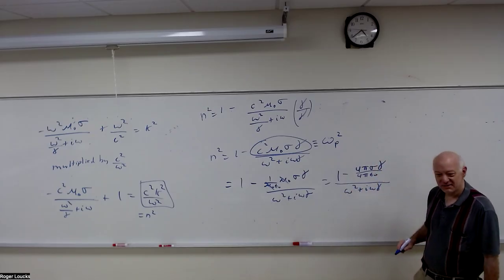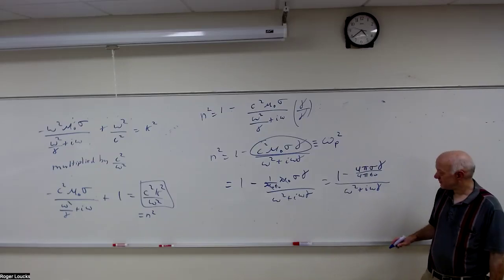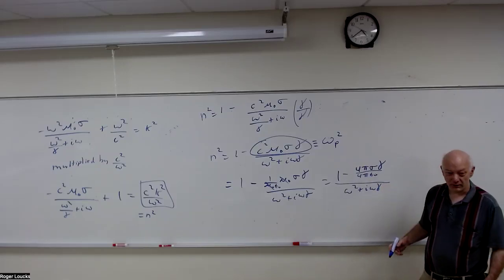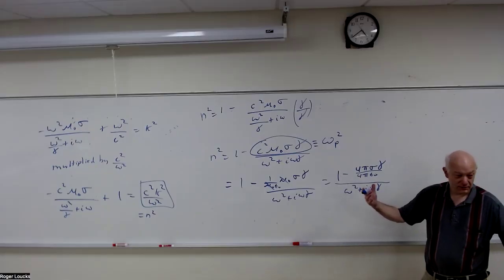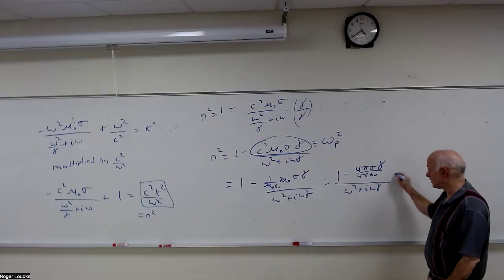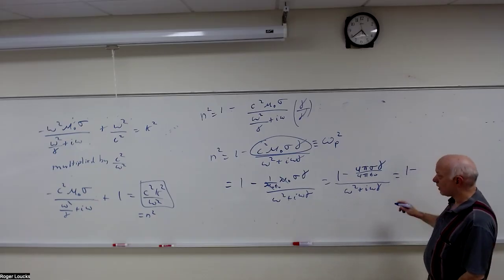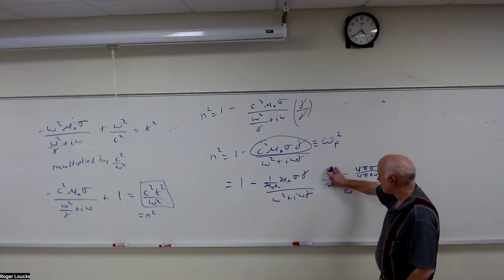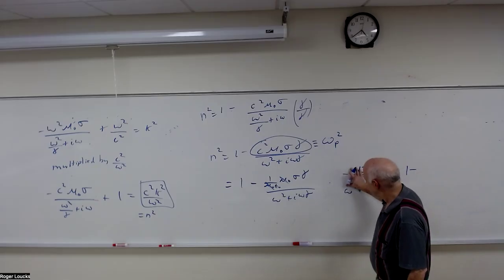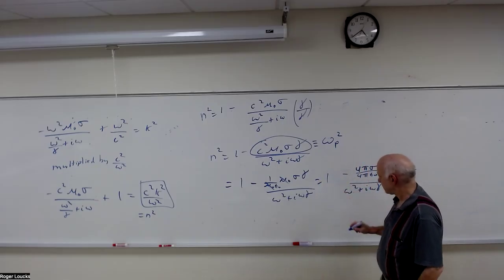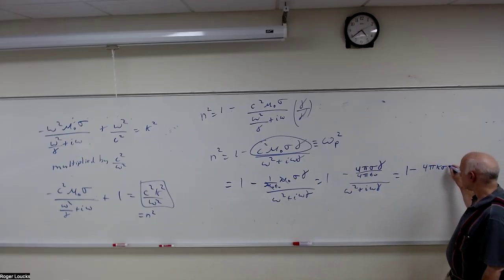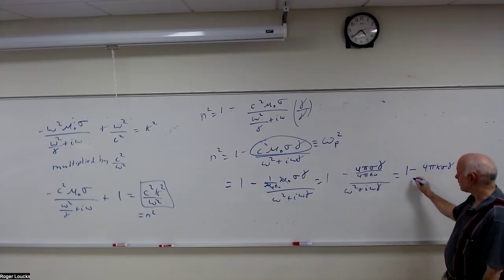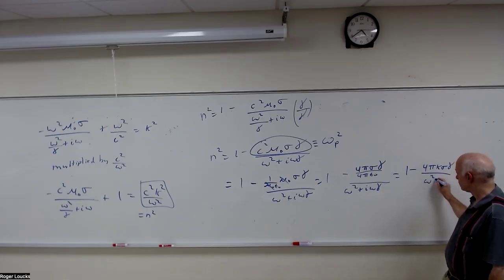Why would I do that? 1 over 4 pi epsilon naught is my buddy k, and I know what k is. It is 9 times 10 to the 9. So I can rewrite this as 1 minus 4 pi k sigma gamma, if I wanted something a little bit easier.